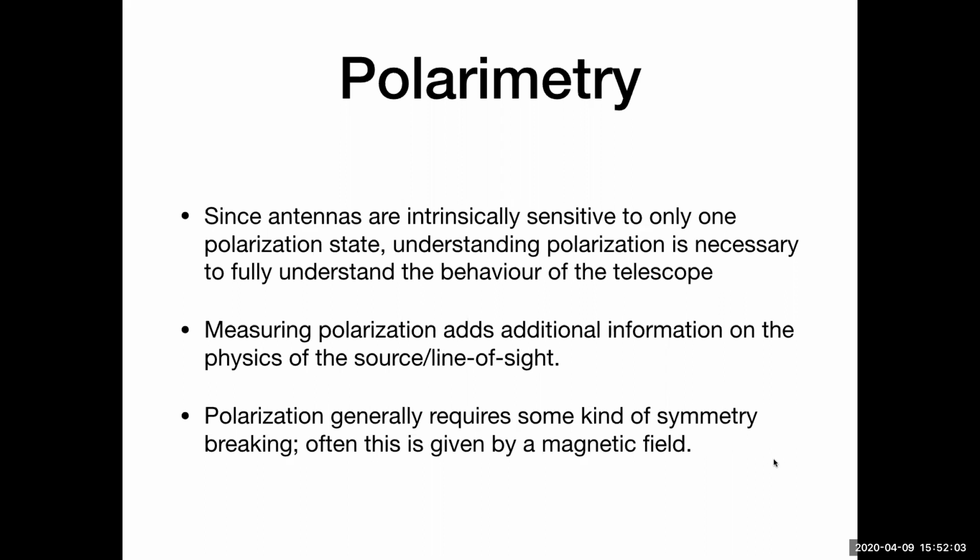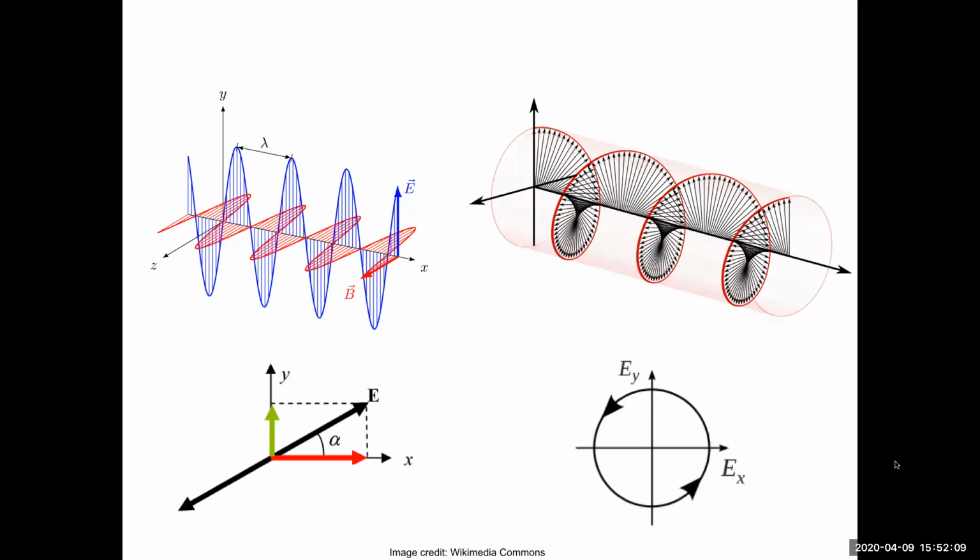I thought you were going to explain more what polarization means here. Yeah, kind of. So let's start with the basic physical picture. We're used to seeing these kinds of pictures of an electromagnetic wave, where there is the electric and the magnetic component of the wave, and we always consider the electric field component. There are two sets of basis states that we can use to talk about polarization.